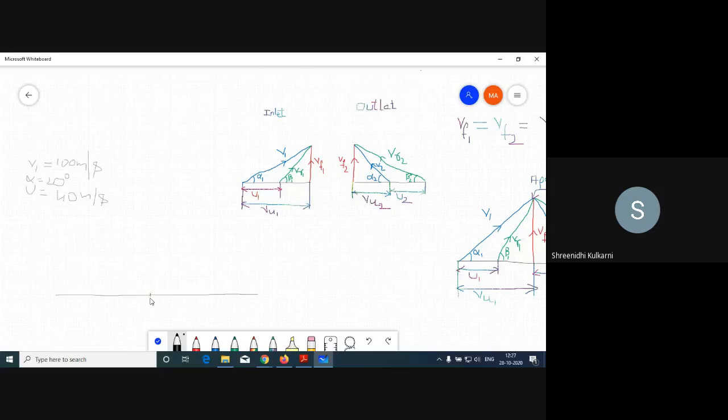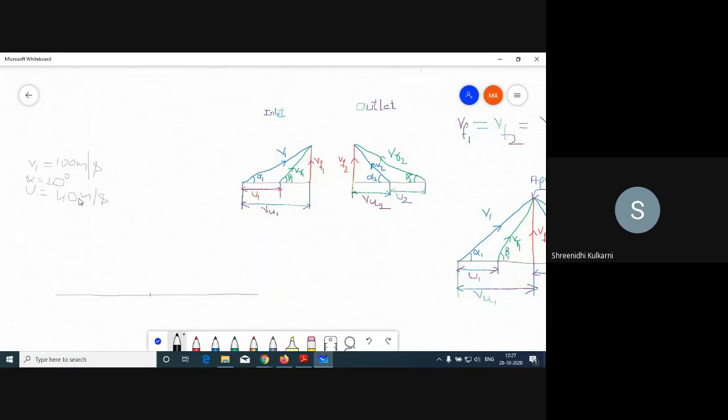So I took the reference point from here. First, 40 meter per second. As per your convenience, you can convert the scale: 1 centimeter equals 20 meter per second, or 1 centimeter equals 100 meter per second. It is left to you.